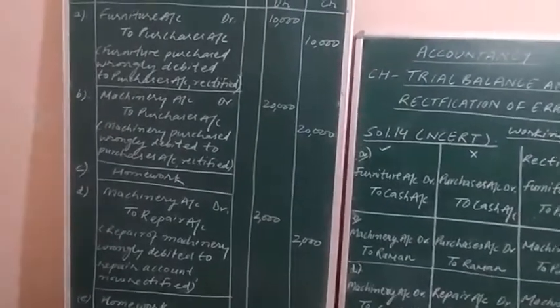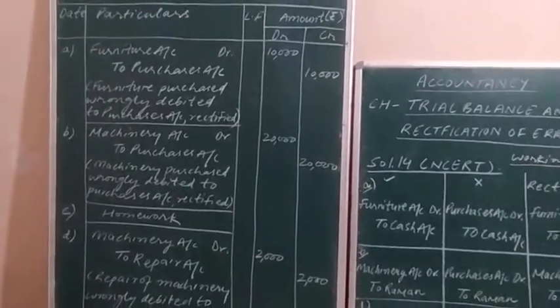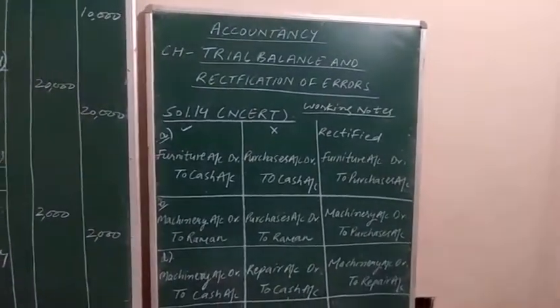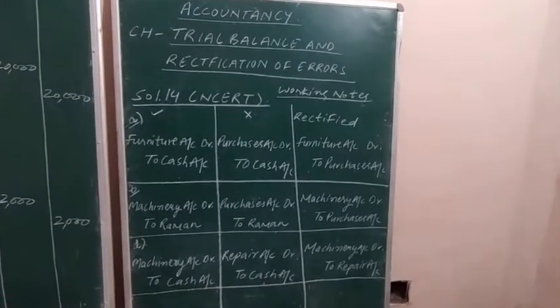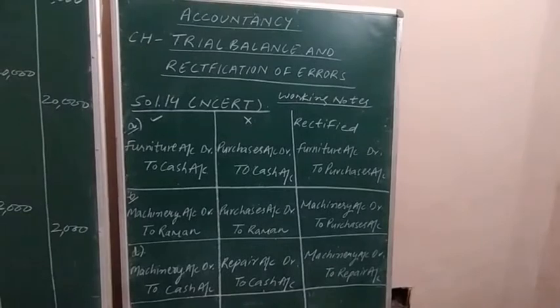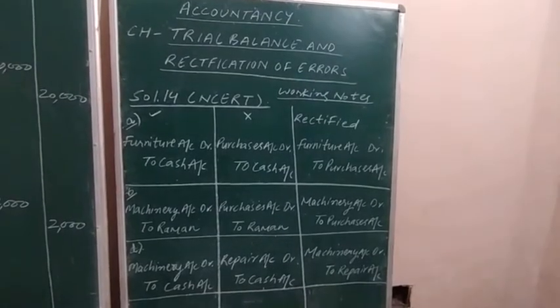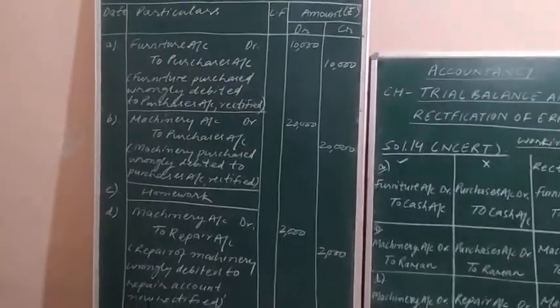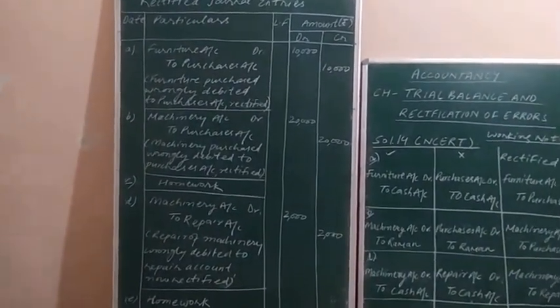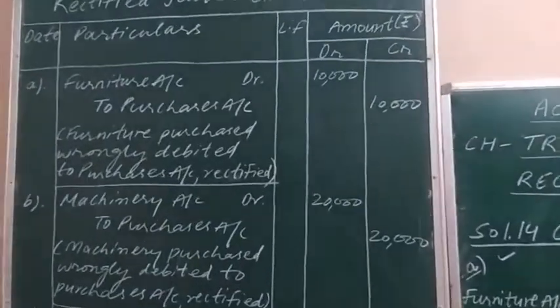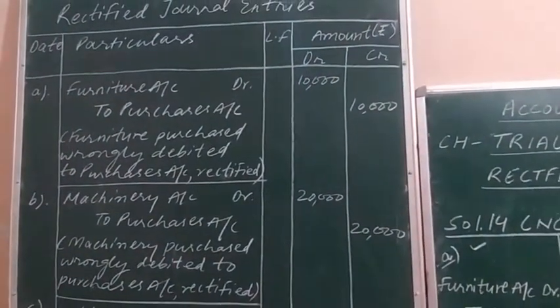Okay, right? Till then, you can just take the screenshot. First, take the screenshot of the very first part, the working notes. Take the screenshot. Okay. Now, take the screenshot of the solution. Take the screenshot till here first.